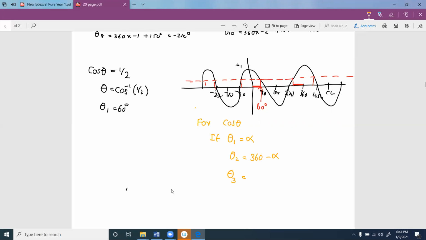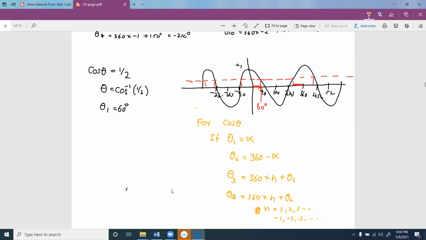Theta 3 is 360 into 1 plus theta 1. Then theta 4 is equal to 360 into 1 plus theta 2. So you can say 360 into n, where n varies from 1, 2, 3, and so on, and minus 1, minus 2, and so on.